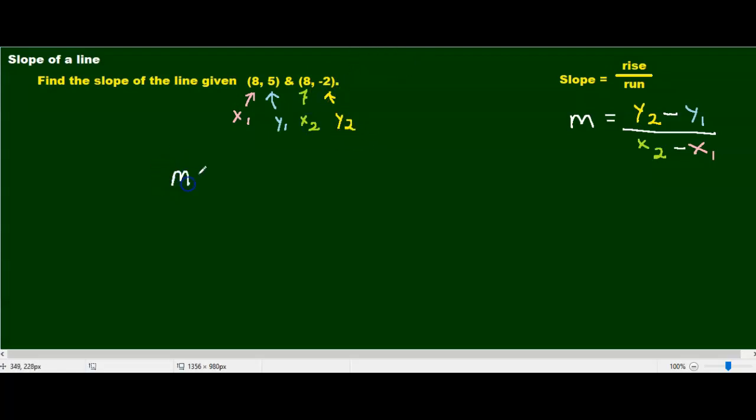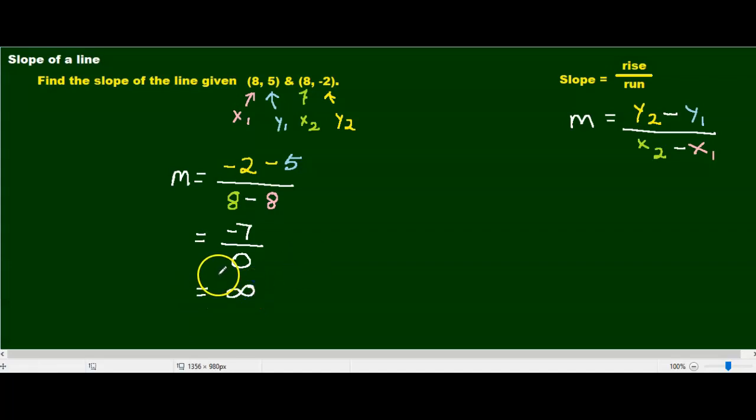So we have my slope, which is m, is y2, which is -2, minus my y1, which in this case is 5, over x2, which is 8, minus x1, which also happens to be 8. Now that gives me -2 minus 5 gives me -7/0. But anything that is divided by 0 is undefined.